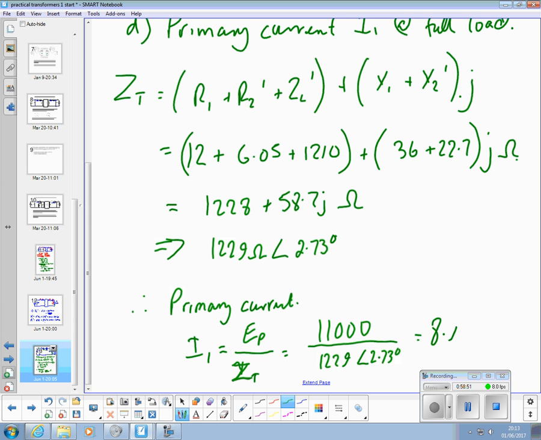Check it, but I make that 8.95 amps angle minus 2.73 degrees. Does that fit in with CIVIL? Inductive, negative angle. Right?